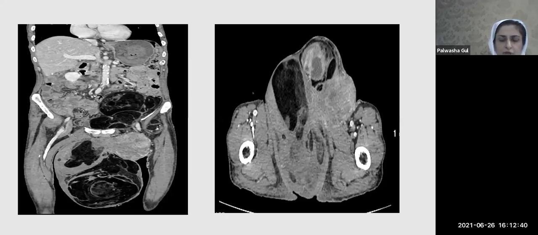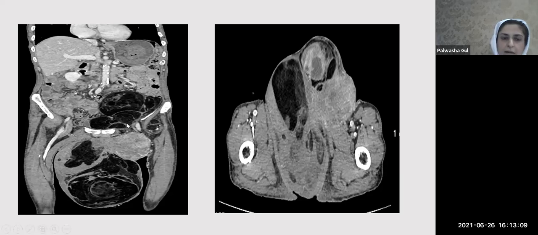Many of you, I know, would just see it and say, oh, it's a huge mass showing fat density as well as soft tissue density, so it's a liposarcoma. Of course, this was a liposarcoma, but I showed you this case because it is a typical lesion in a slightly atypical location. Usually we see retroperitoneal liposarcomas, but this was an inguinal-scrotal liposarcoma, a huge one.